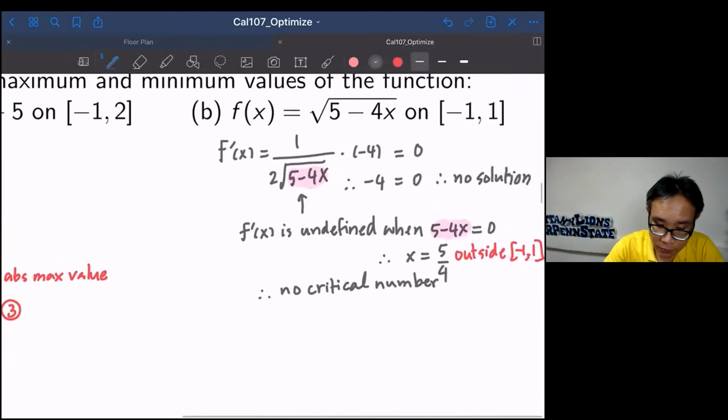Then you compare only the points on the boundary, the endpoints.